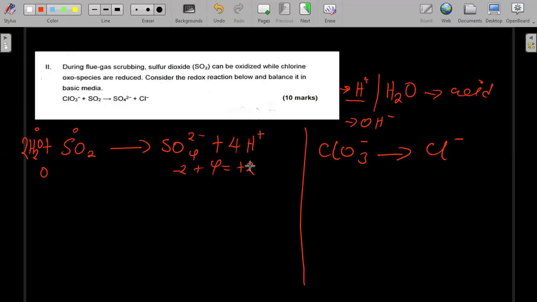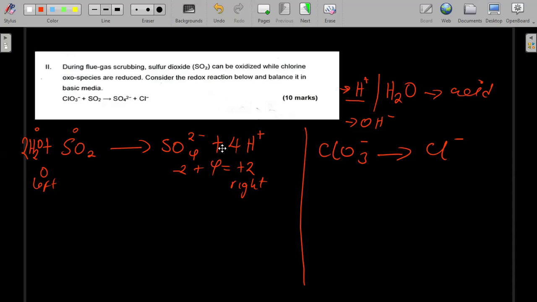What does that tell us? It tells us that the right side is more positive than the left side, isn't it? The left side is less positive, you're having a 0. But the right side on the products, it's more positive. So this is less positive, this is more positive. Where there is more positive, it means that you have less electrons.